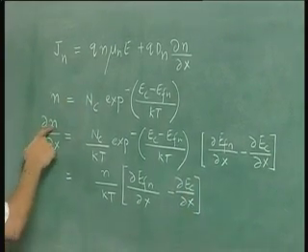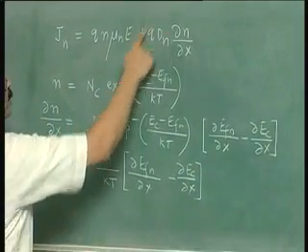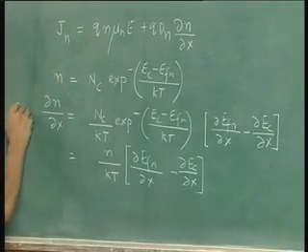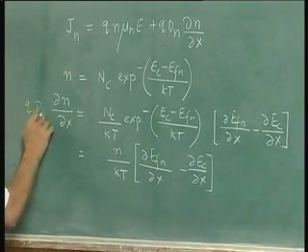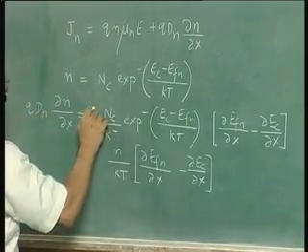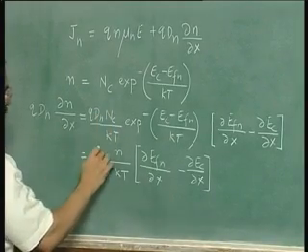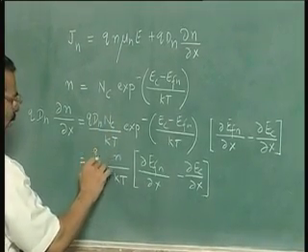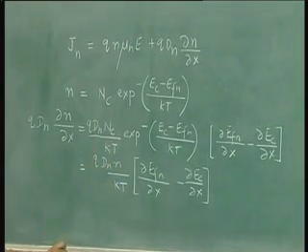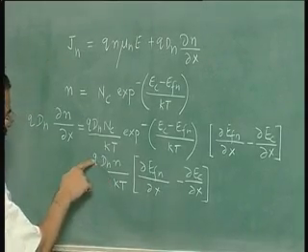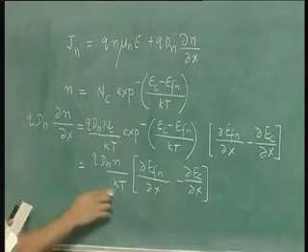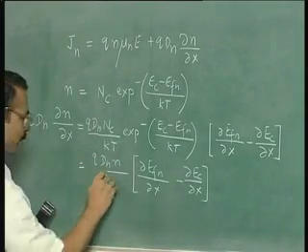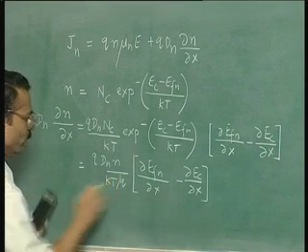Now if you multiply this dou n by dou x by q times Dn to get this particular term, we will multiply this by q times Dn. So here you will multiply by q times Dn, and here you will multiply by q times Dn. Now what you find is this q can be shifted below, and you can write this as kT by q.